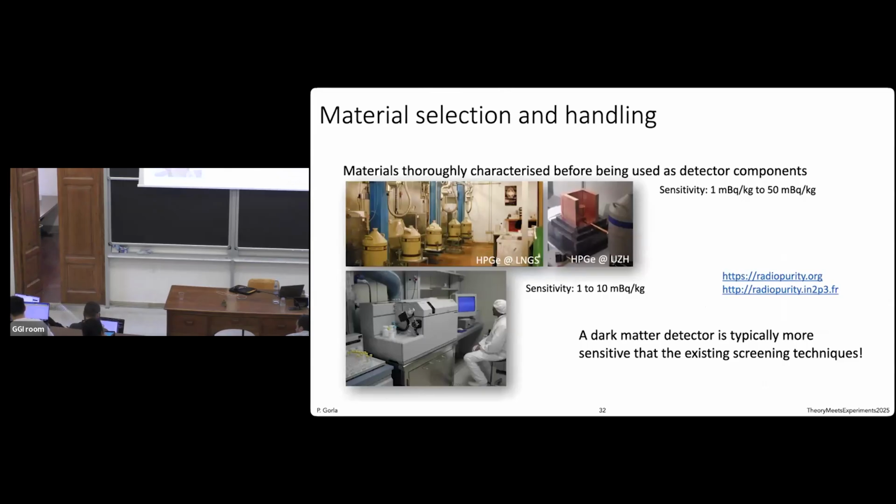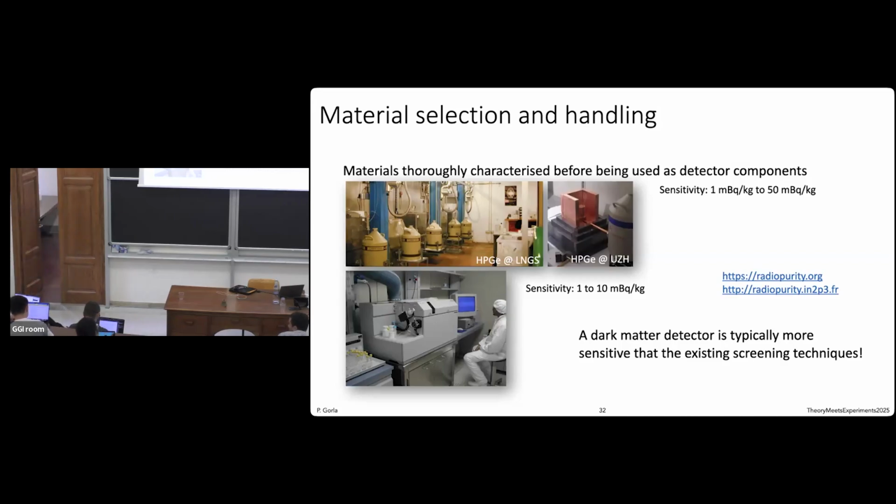Okay, this I think you heard yesterday. Material selection is a crucial issue. This is related mainly to the radioactivity content. So you need both screening capability and cleaning material technologies. This is a very important issue. This is true not only for dark matter detectors, but in a variety of experiments in astroparticle physics.